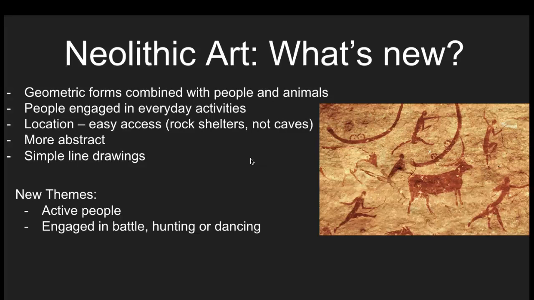Here I'm showing you a rock painting from Northern Africa in which we see people in motion with bows and arrows hunting in combination with animals. We also see boats, the indication of perhaps boats that show transport from place to place. So we see people engaged in very important day-to-day activities.